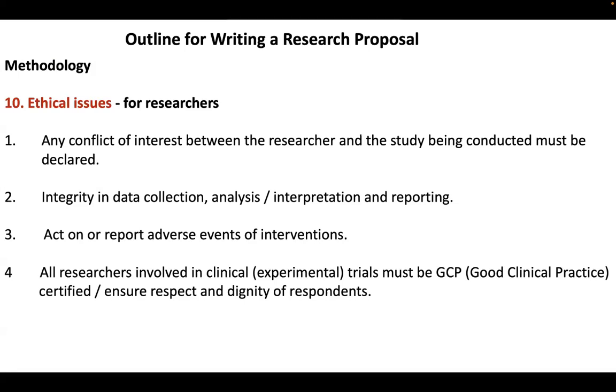In that case, the researcher has to mention clearly that there is a conflict of interest between the funding agency and the outcome. That means there is some interest favoring the funding agency that can limit the publication of results which are against the funding agency.